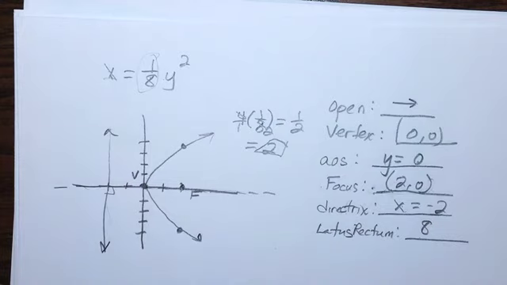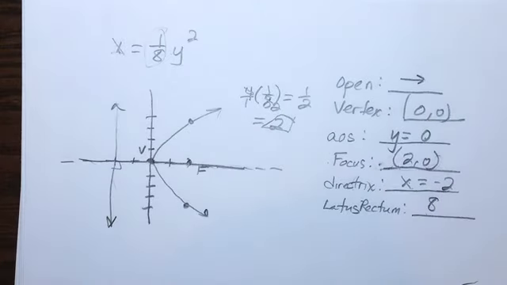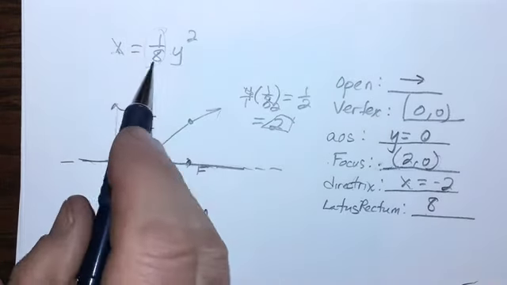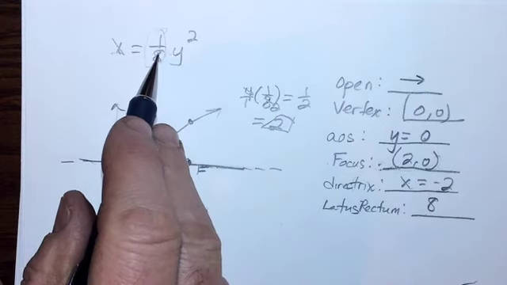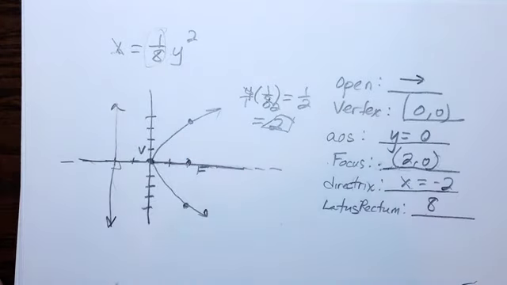Just one other example that there might be is the equation might not always be nice and pretty like this. It might actually be y minus 1/8 x squared equals 0.